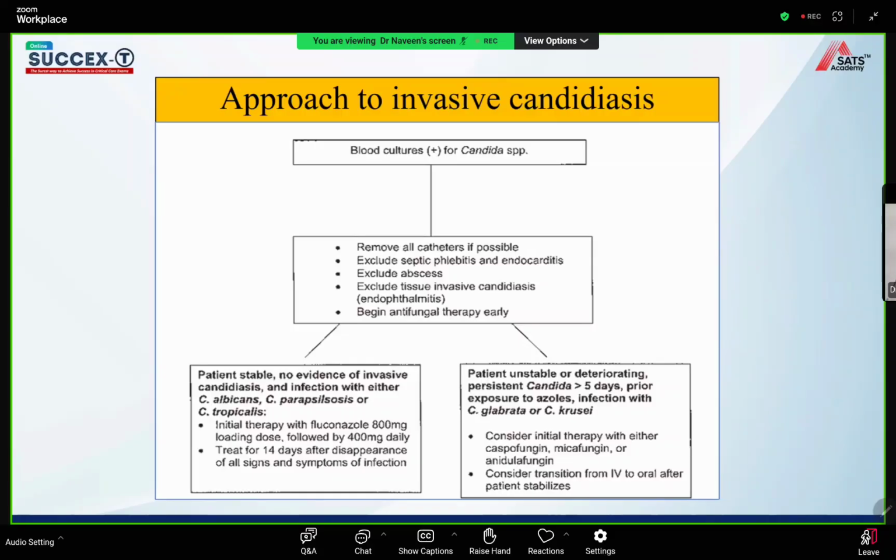And whenever we begin antifungal therapy, what you have to keep in mind is that the empirical choice is always echinocandins, and the empirical antifungal depends on a few important salient points. You have to see whether the patient is stable or not, and whether the patient has been previously exposed to fluconazole or not.